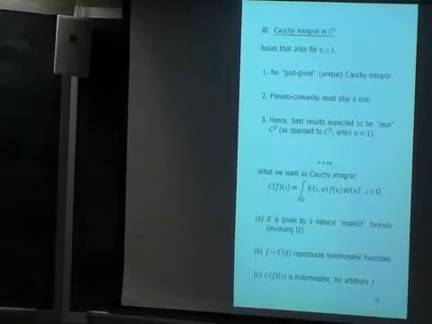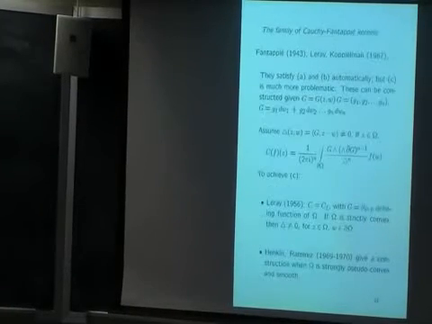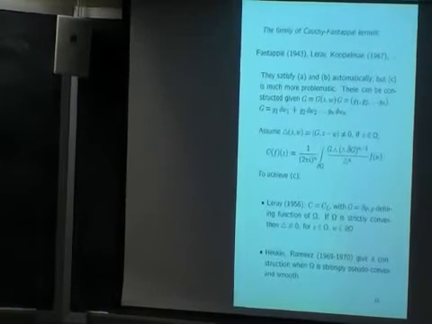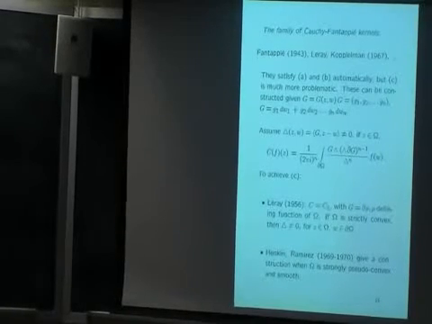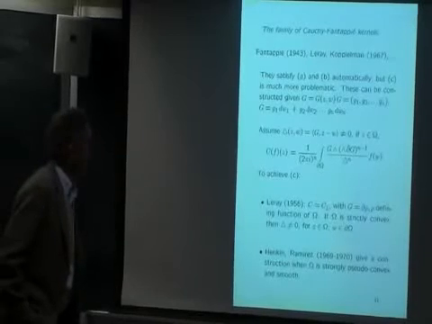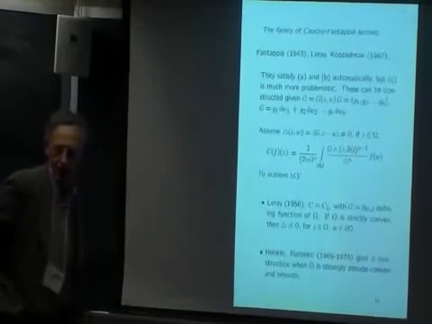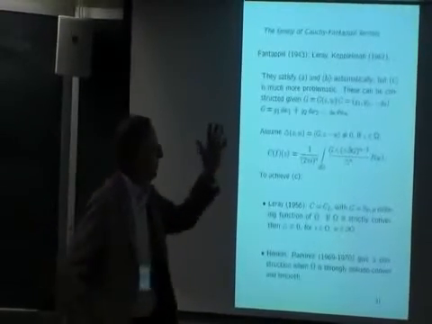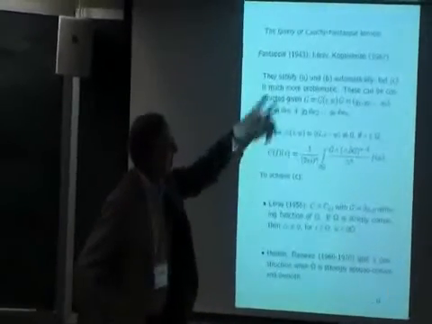But let me very quickly tell you what many of you probably know about this. These are the so-called Cauchy-Fantappiè integrals or kernels. There's a long history, which I don't really know very well, but here are some of the names.